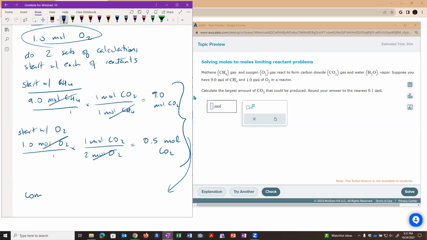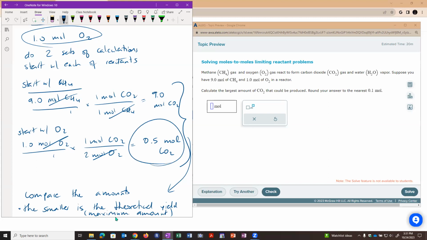Okay, so compare the amounts, and the smaller amount is what's known as the theoretical yield, which is the maximum yield, or the maximum amount. So in this case, 0.5 moles is going to be the maximum amount of CO2 that we can produce. We can also say that what limits this reaction, what's going to be used up, is going to be the oxygen.